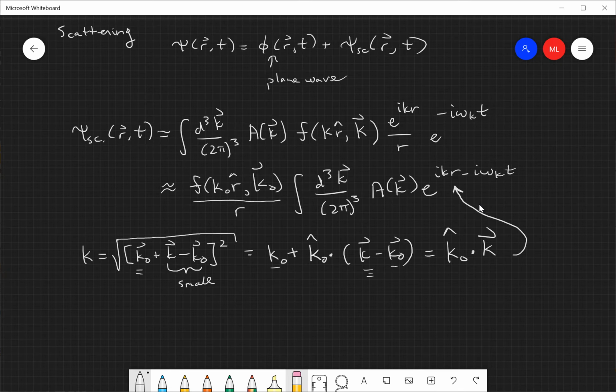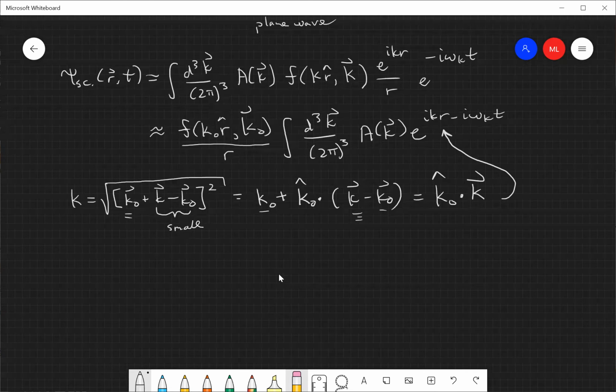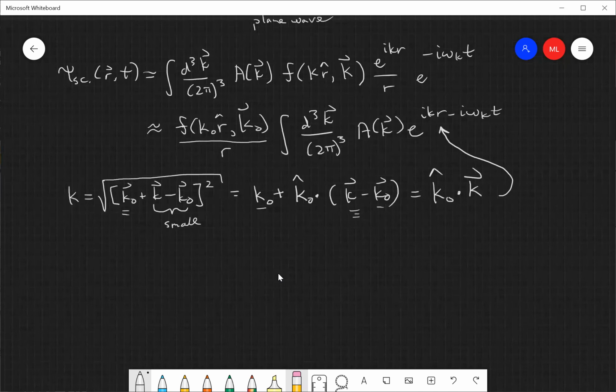So now you can substitute this back into the integral, and you get that the scattering form is, again, this scattering amplitude, and then you get the integral.